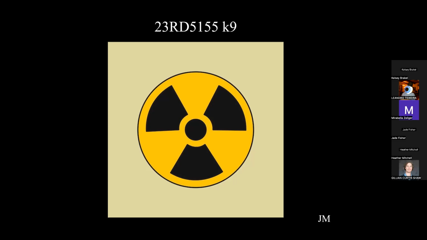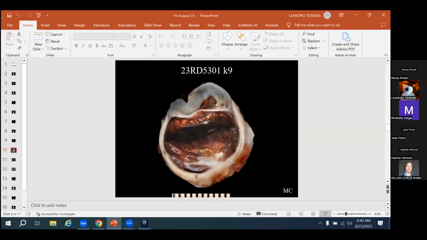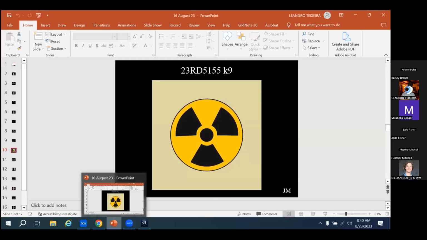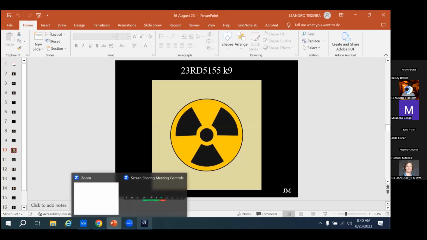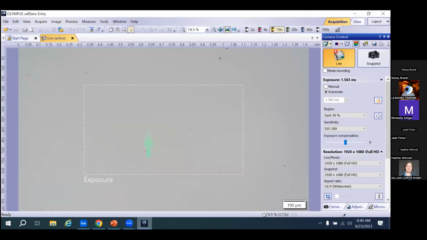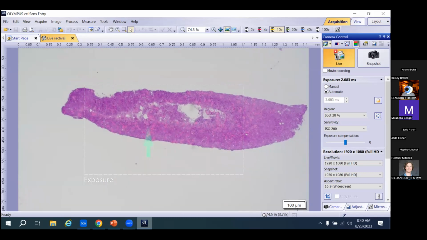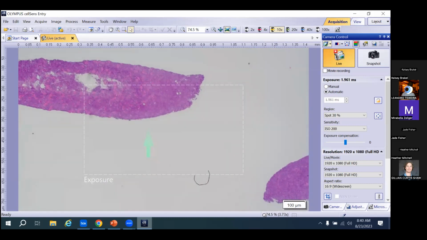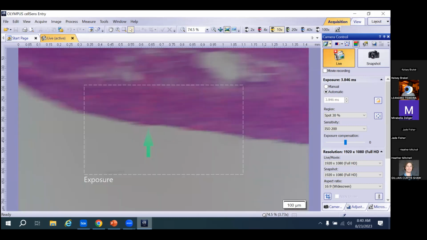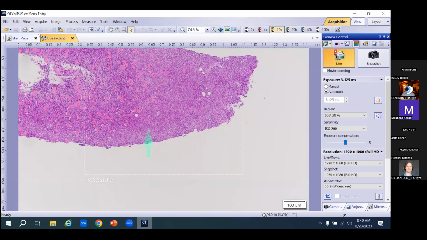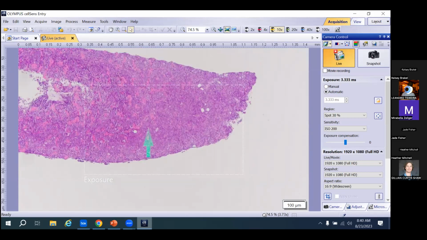So I'm going to start with the initial biopsy that we received from the orbital mass. We have some nice punch biopsies of a mass here that is composed of spindle cells.